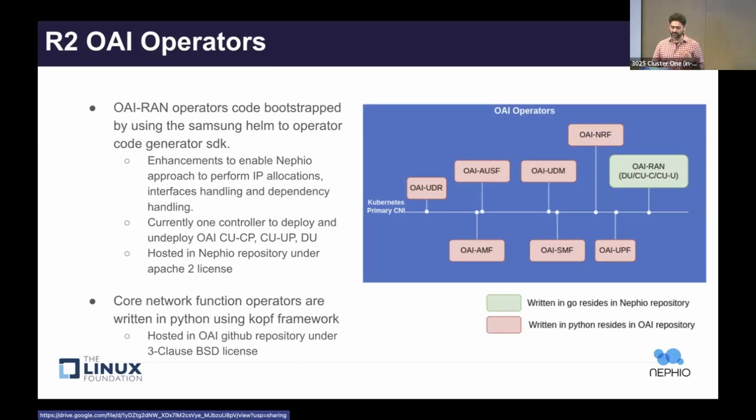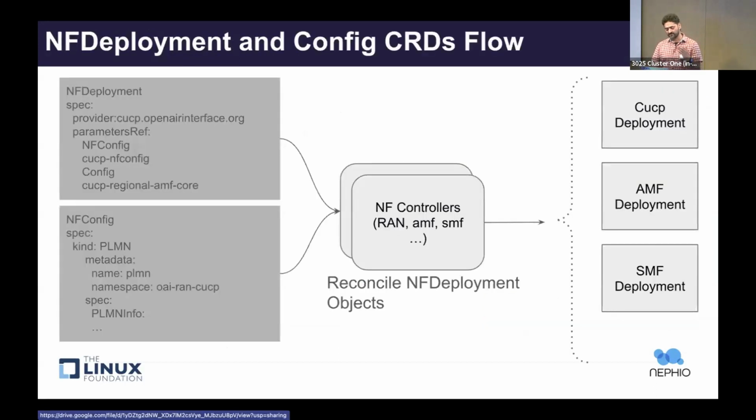So look at it more as a reference architecture for creating operators if you have any network functions. And the core ones are Python-based, KOPF-based operators. Maybe the implementation might have started before R3, but the whole definition of this NF deployment CRD all happened in R3.